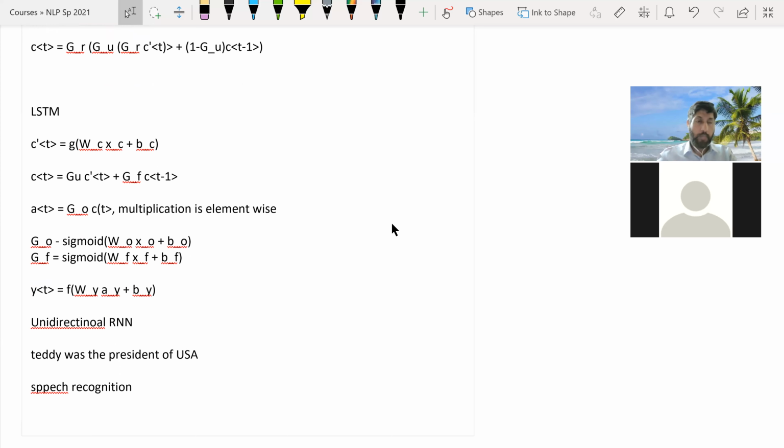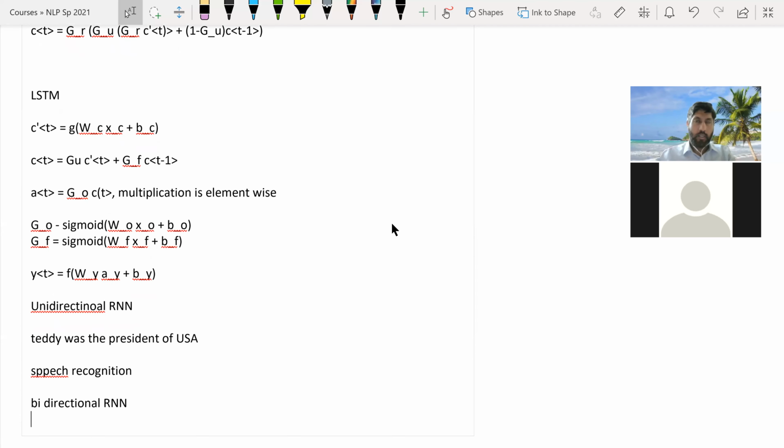So how does a bidirectional neural network work? When I say RNN now, you can think of it as either GRU or LSTM also, because the recurrent layer that we are talking about could be a standard RNN, it could be GRU, it could be LSTM. Okay?